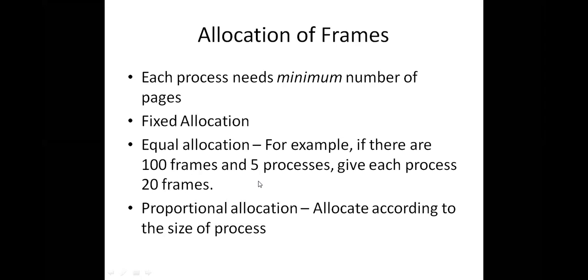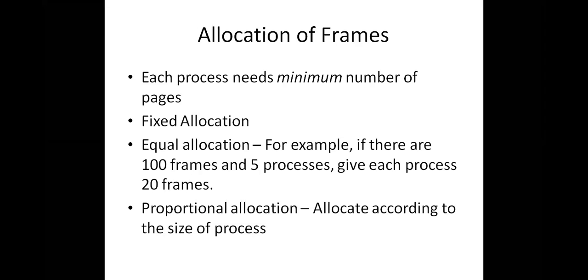For a small process, you are allocating 20 frames. Even if the process is big, you are allocating the same number of frames. So it is always better to allocate frames based upon the process size.